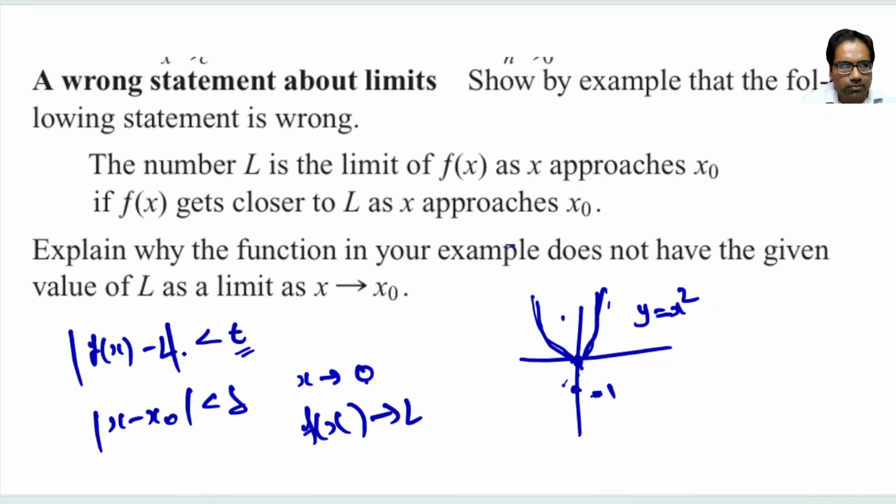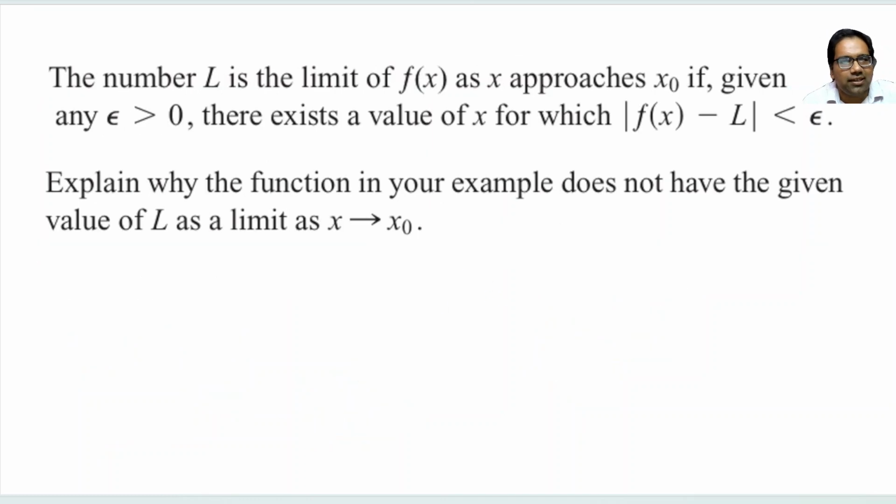If it should be as close as you want, then the function should lie within this range of this delta. When we define some delta, the value of this function should always lie within this epsilon. Whatever epsilon you have been given, we should be able to define a delta within which the value of the function lies within that epsilon range. So that's why this is wrong. Okay, let's take another example.